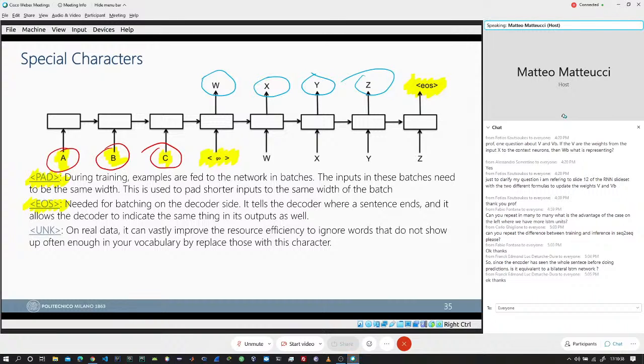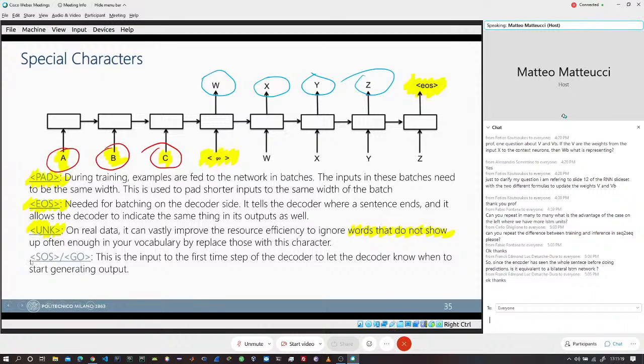So usually a small data set is used, and when there is a word which does not show up in the vocabulary, we replace it with an unknown symbol when we have it as an input, but we didn't train our network to learn that word.